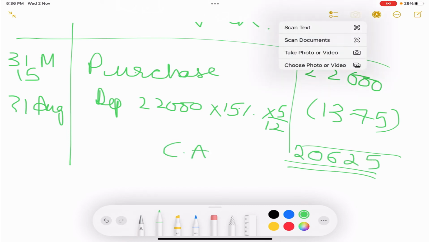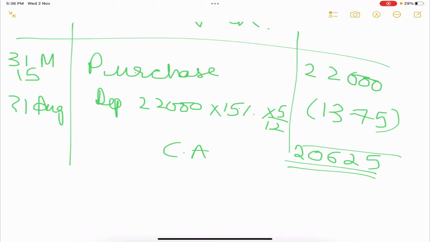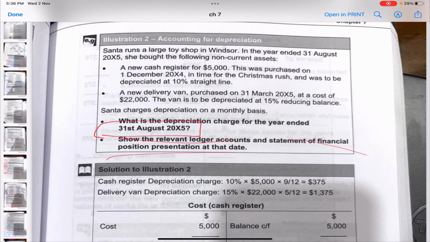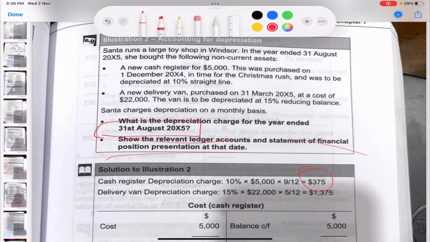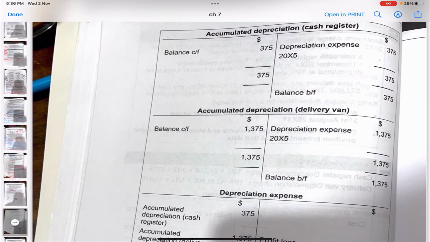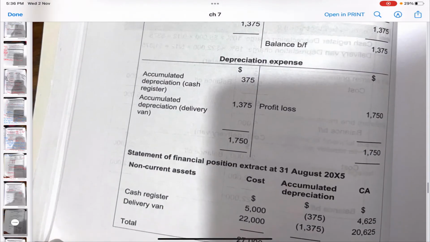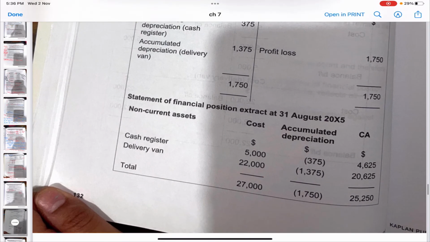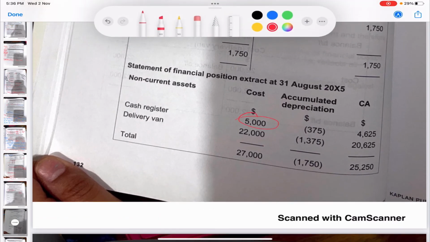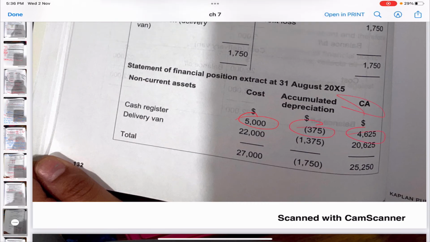Okay, I hope it's matching with your answer. Matched. Go and check it with our answer. It's the same thing. Ledger accounts are the same thing as how you write the journal entries, no doubt about that. And in the statement of financial position, we have the cost of the asset, we are subtracting the accumulated depreciation, and we are writing the carrying amount.